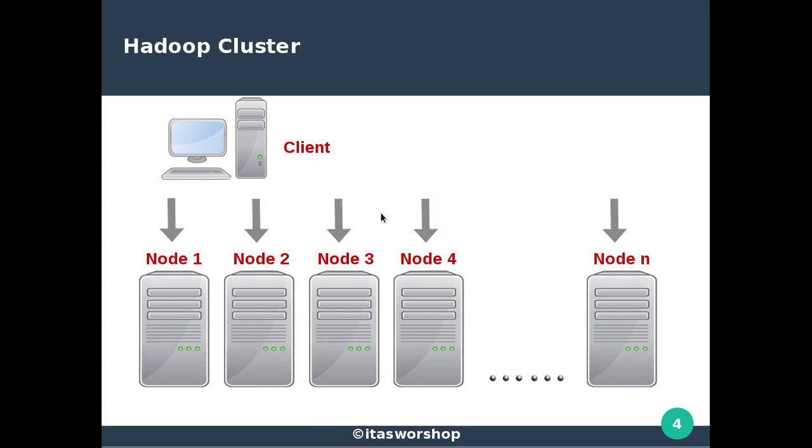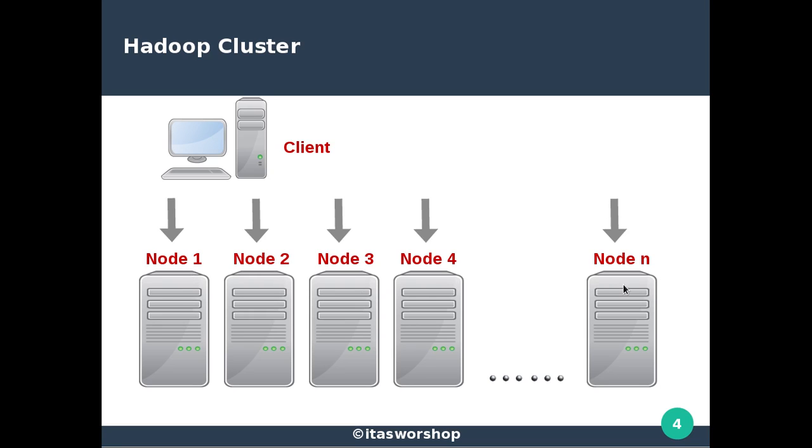This can be considered as a typical high level architecture of a Hadoop cluster. It can be 4 nodes, 5 nodes, and n number of nodes. Right now people are working with 10,000 nodes, 50,000 nodes; big companies are working with that.